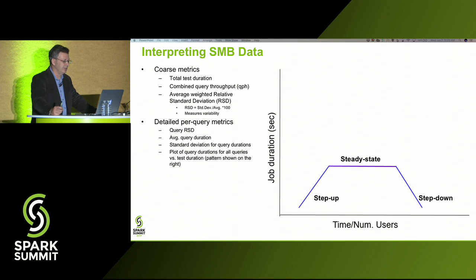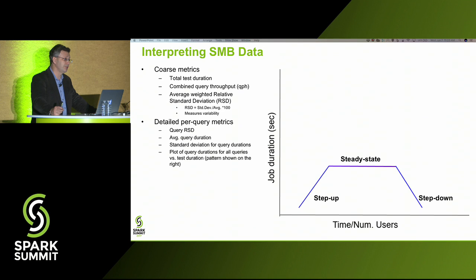Basically, in the beginning, the first user started to run the first query. And because it's taking the whole cluster, the query will finish very fast. Then we add in the users and we add in queries, right? So the runtime of the individual job becomes longer.